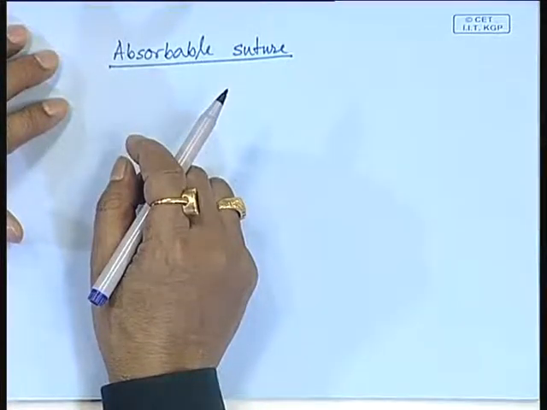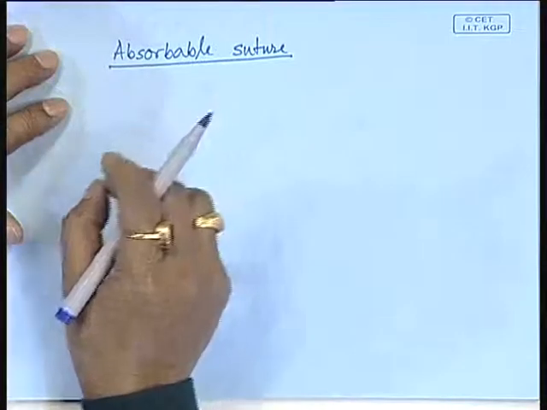Absorbable suture means when those suture threads are used for stitching purposes after surgery or for the purpose of healing a wound, it comes in contact with the body fluid.